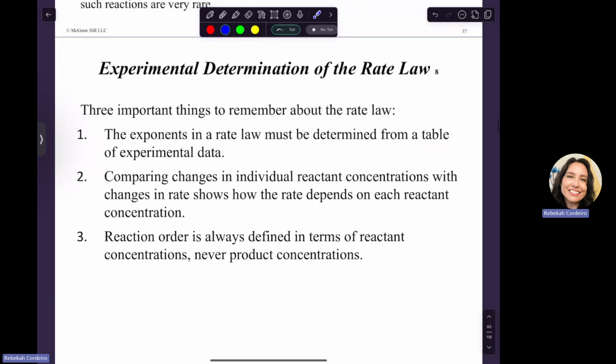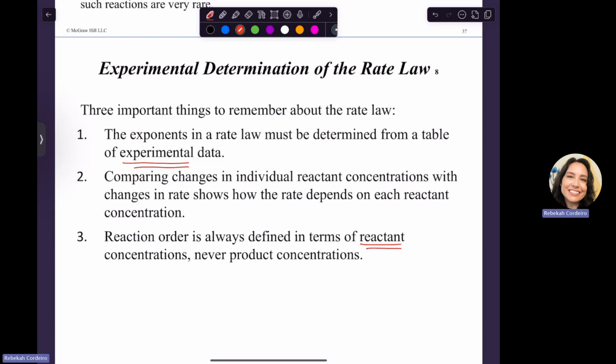Just make sure that you understand a couple things about rate law. We cannot just look at coefficients yet. We'll learn a way in which we can for some cases. Rate law can only be determined experimentally, and we only look at reactants.